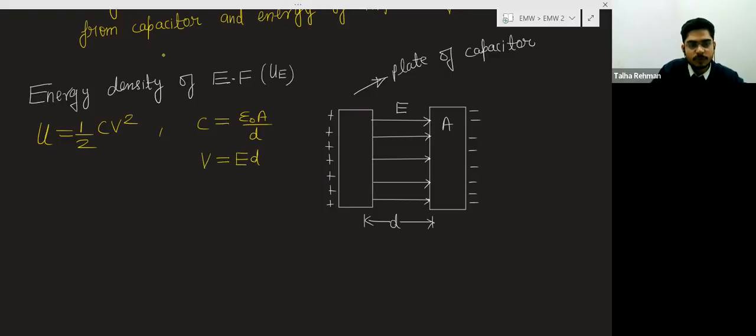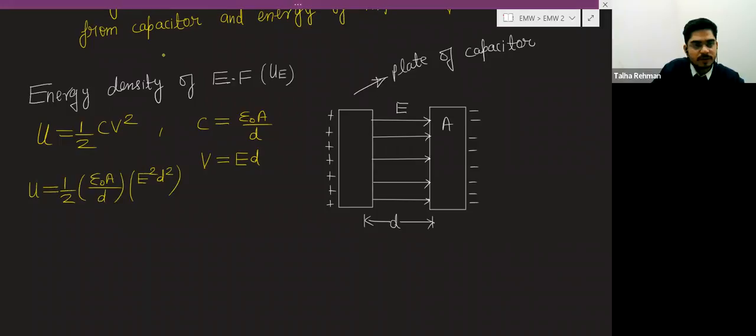So we will put the values here. Energy is equal to half, instead of C I will put epsilon naught A divided by d, and instead of V square I will write E square into d square. Now see, this d square will cancel out with d.